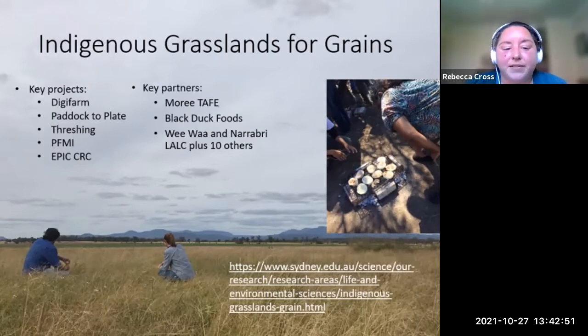So Waa LALC is a key partner because they run some specific programs, in collaboration with community, to meet community needs around conservation and heritage assessments. And so they are a key partner because they're very embedded in the community.